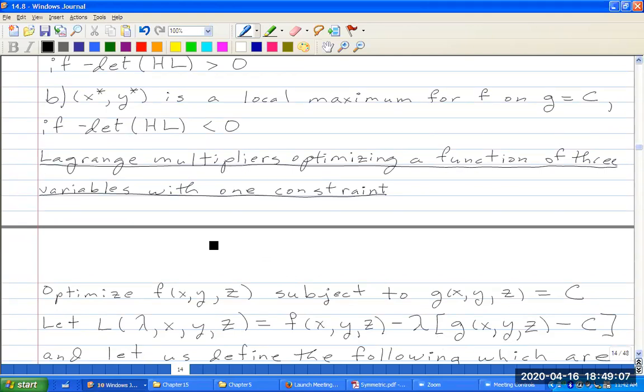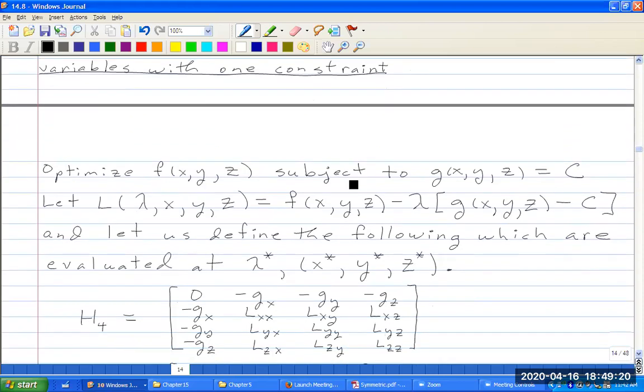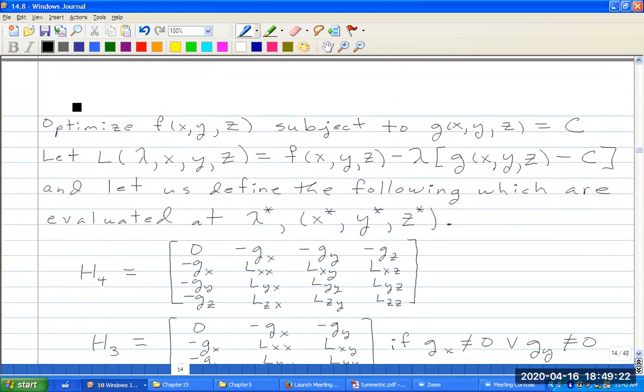Let's do the same thing, but in a slightly different case. Lagrange multipliers optimize a function of 3 variables with 1 constraint. So suppose I want to optimize f of x, y, z subject to g of x, y, z equaling c.